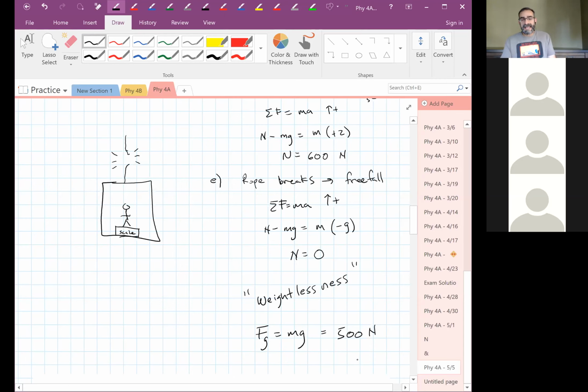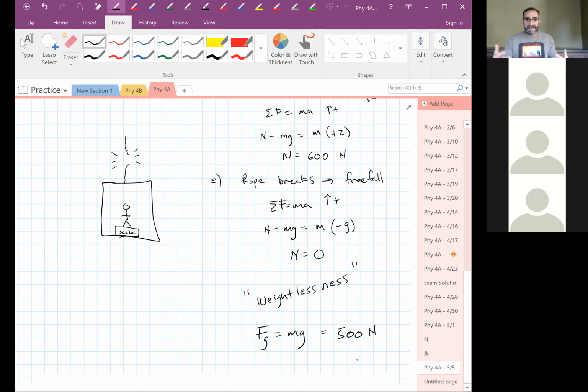It never changes. The force of gravity certainly didn't instantly turn off, right? Their weight is still the same. Their interaction with the earth is still the same. The earth was pulling on them with 500 newtons when the elevator was standing still, and it's still pulling on them with 500 newtons as the elevator's falling with an acceleration of g. So their actual weight has not changed. Their apparent weight has changed.